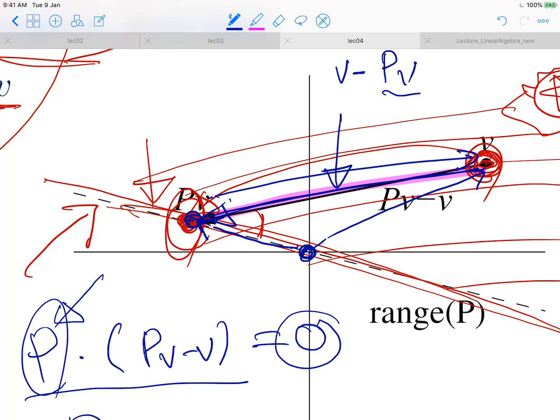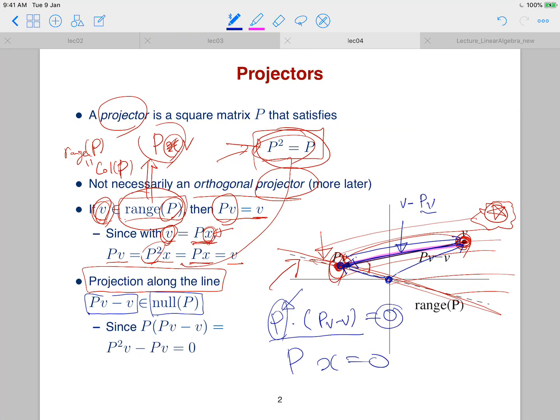Whatever direction the lights are shedding, we have some vector, but after projecting that vector, it will always end up at 0, the origin vector. That's the meaning of the null space. This component is part of our null space.